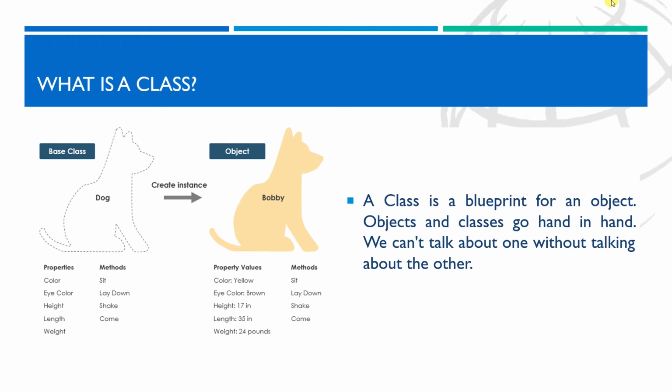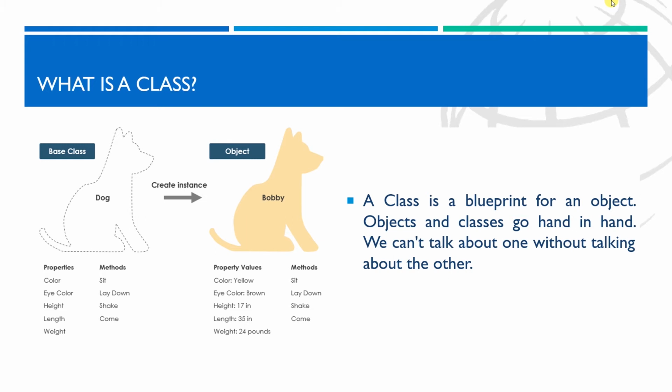Each object is built from the same set of blueprints and therefore contains the same components, like properties and methods. The standard meaning is that an object is an instance of a class, and objects have states and behaviors or actions.